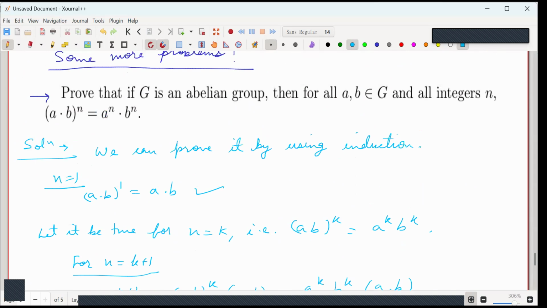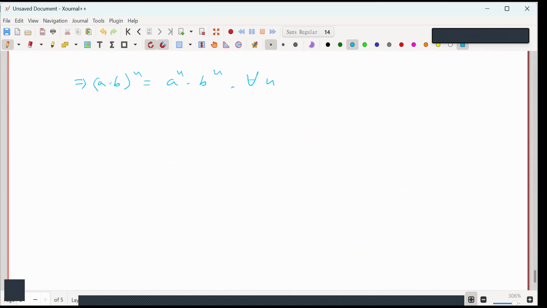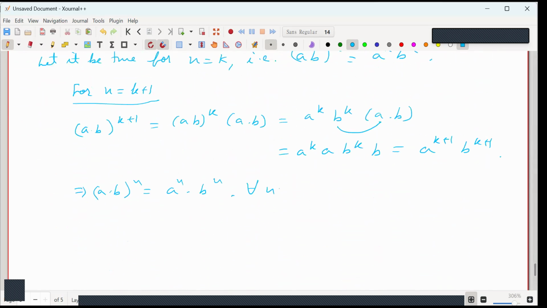Now, the principle of mathematical induction is for positive integers, right? Here it is demanding for all integers, meaning n can be negative also. So the first case was when n is positive. Then this induction is fine for all n greater than 0.